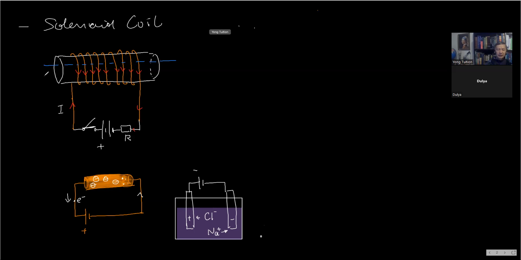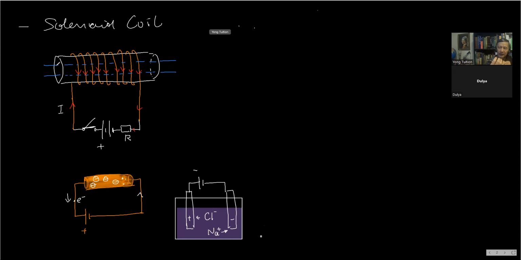Now the question is, how do we determine the magnetic field generated inside this solenoid coil? Do you know how to do that? Is there a formula for it? No, we use the right-hand rule. This is a coil. Can you see? So you just use four fingers, trying to hold this coil, but when you do so, the direction of the four fingers must be in the direction of the current.